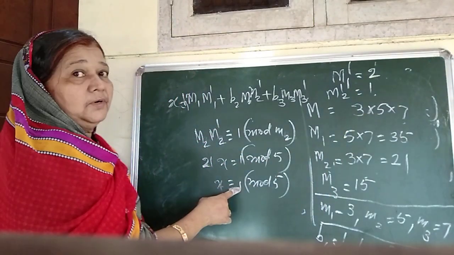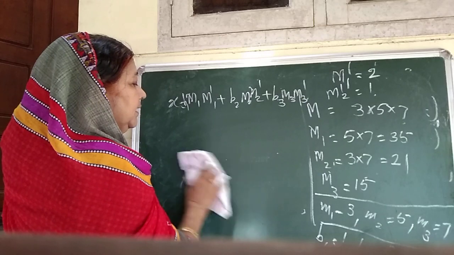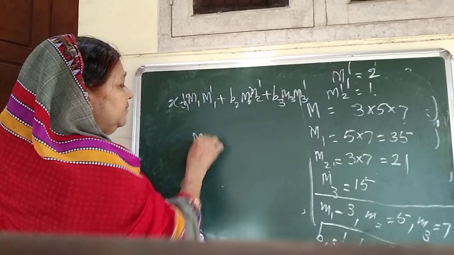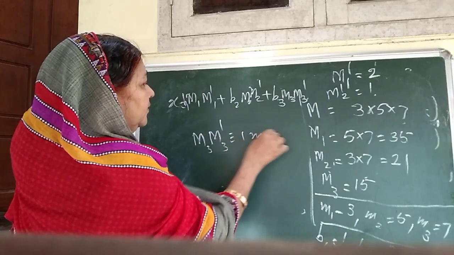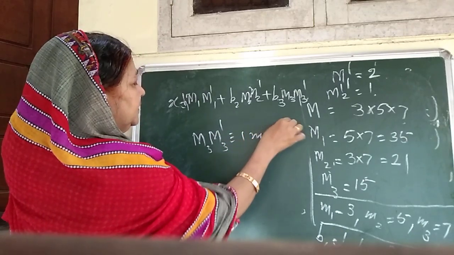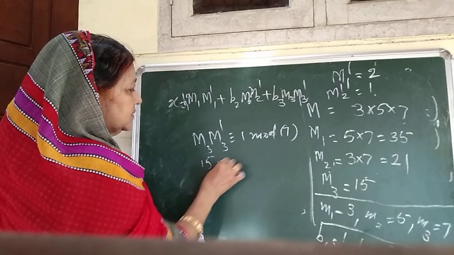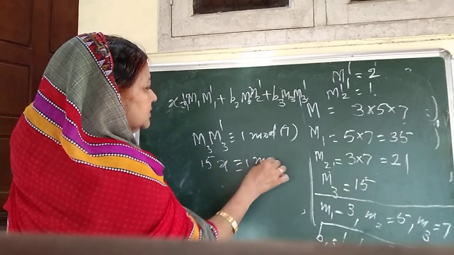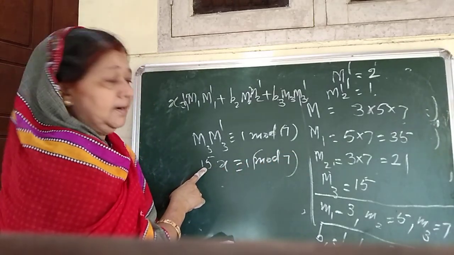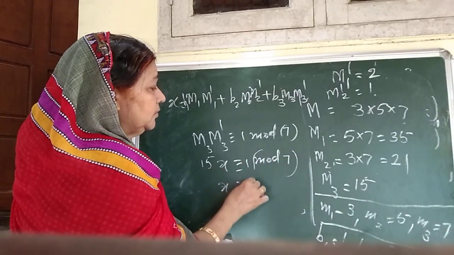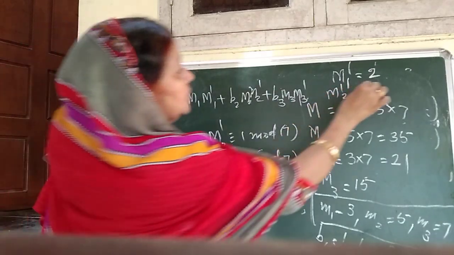We know 1 minus 1 equal to 0 is a multiple of 5. Then we can find M3 dash, congruent to 1 mod m3, that is 7. M3 is 15, so 15x is congruent to 1 mod 7. That is, 15 equal to 14 plus 1. Therefore, x is congruent to 1 mod 7. Therefore, M3 dash is also 1.